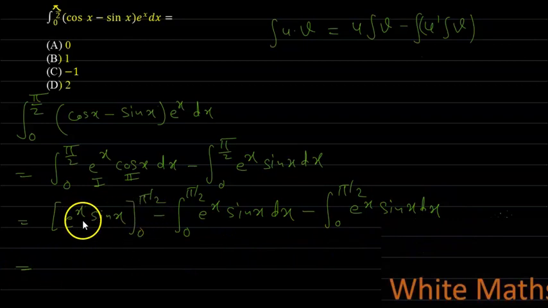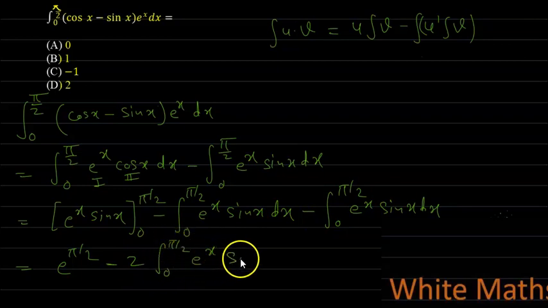On substituting limit, it will become e to the power pi by 2, and sin pi by 2 is 1, and if you put 0 then this becomes 0, so you will get e to the power pi by 2 only, and minus this, and this becomes 2 times 0 to pi by 2 e to the power x sin x dx.